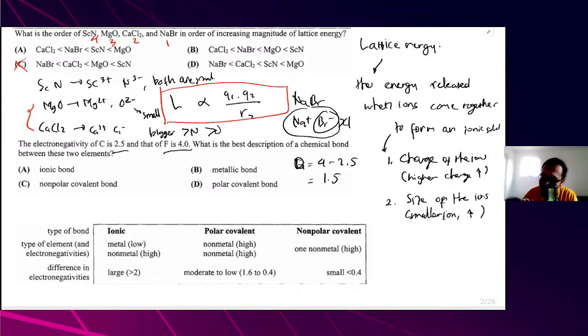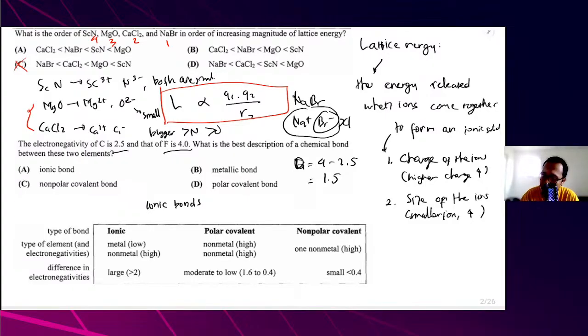Now, it's quite possible this information is not given in the ACS exam, so just remember it.